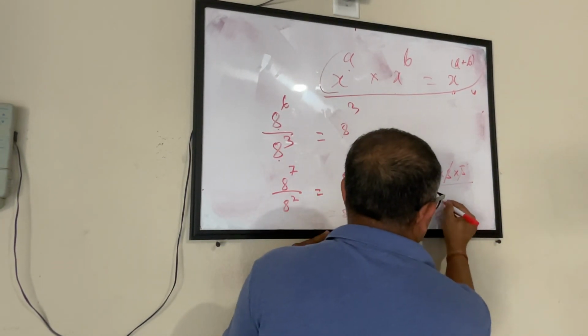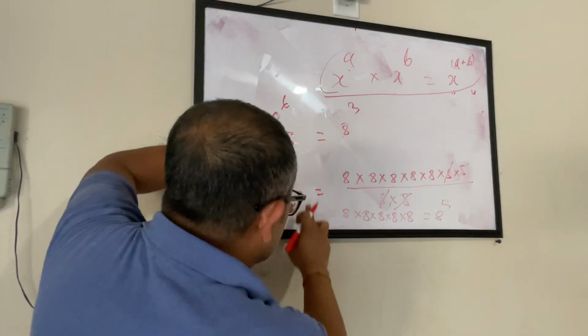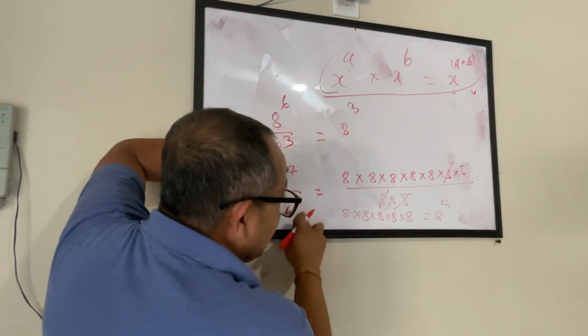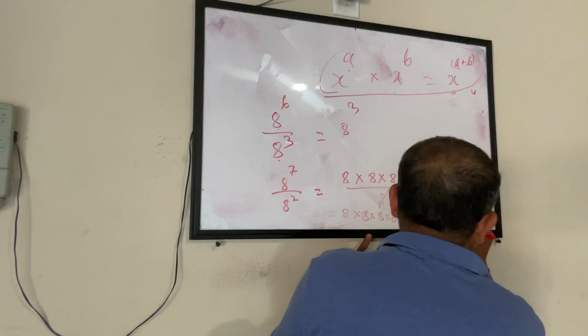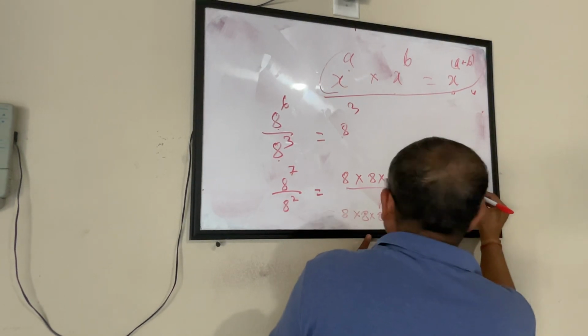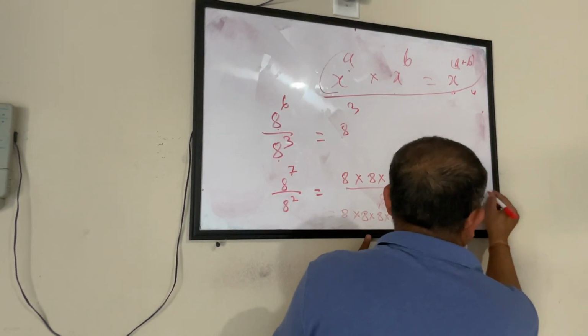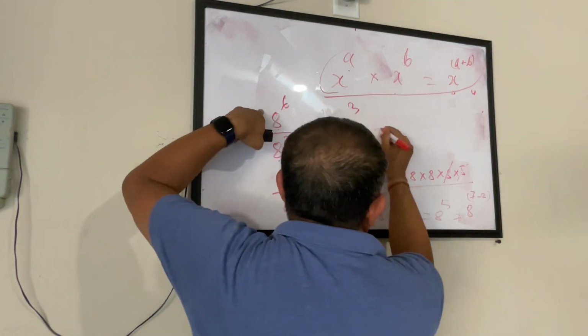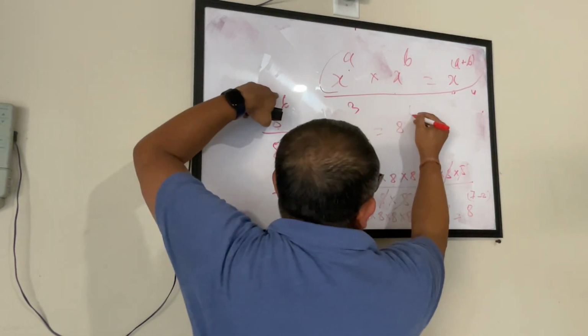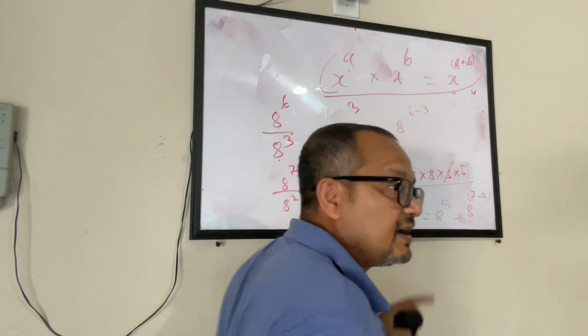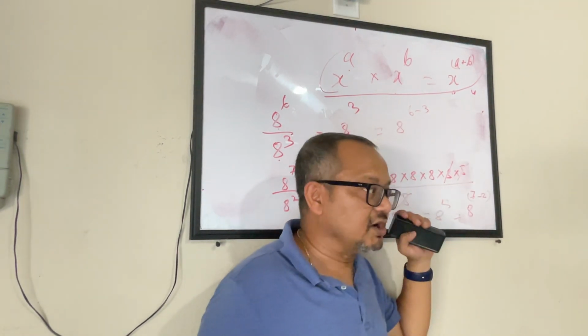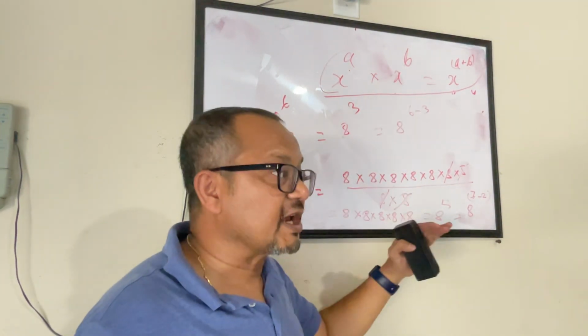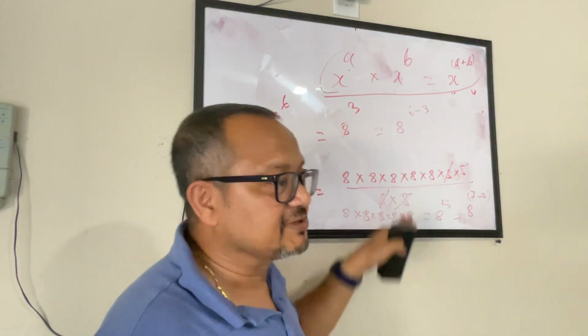That is 8 to the power 5. Now what happened? See, the exponent got subtracted. This 5 is nothing but 8 to the power 7 minus 2. This 8 to the power 3 is nothing but 8 to the power 6 minus 3. So this becomes our second formula. When I am talking about dividing exponents, it subtracts.